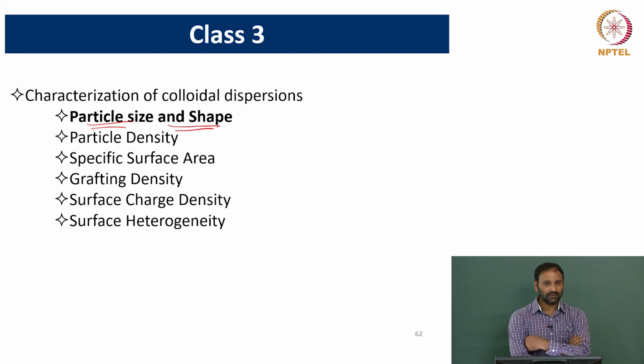So how do we do that? Somebody has given me a colloidal dispersion, and they ask you to find out the size of the particle or the shape of the particle that you have in the dispersion. What do we do?